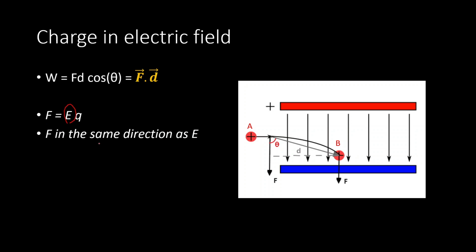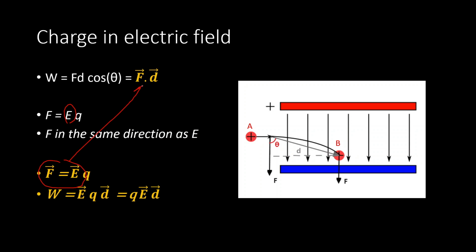Since we know F is in the same direction as E, we can write a vector formula of F is equal to E times Q. And then we plug this result back into the previous formula. We have W is equal to E times Q times D, or we can put the Q, a scalar, in front, is equal to Q E dot D.